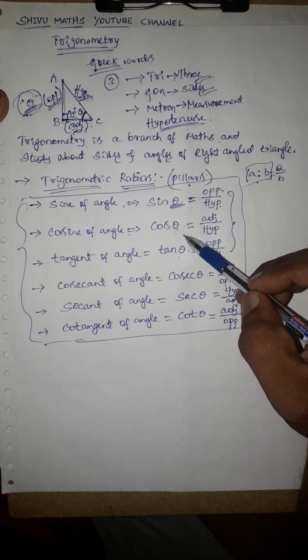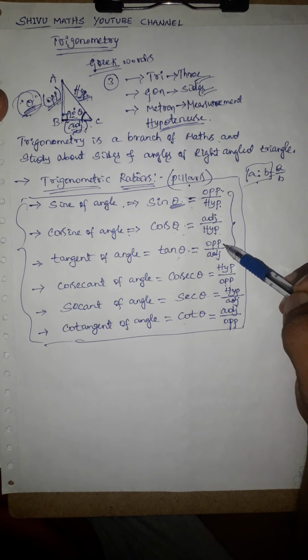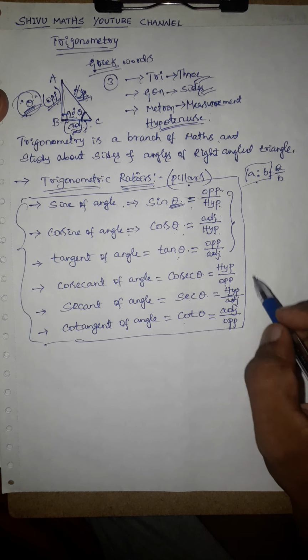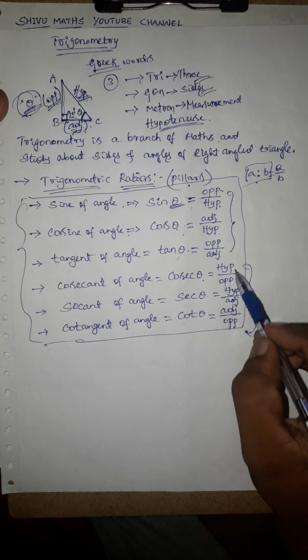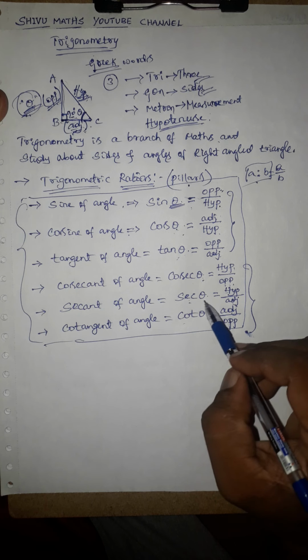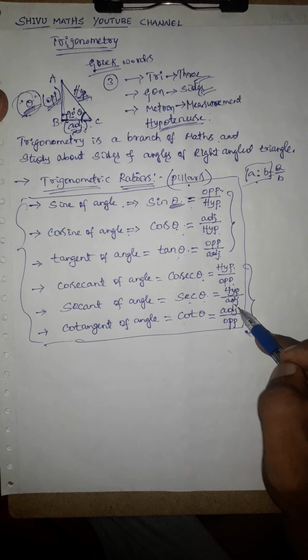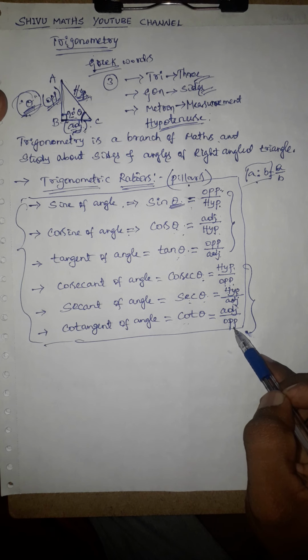Second, cos theta, adjacent by hypotenuse. Tan theta, opposite by adjacent. Observe the next three. One is cosecant, hypotenuse by opposite. Secant, hypotenuse by adjacent. Cot, adjacent by opposite.